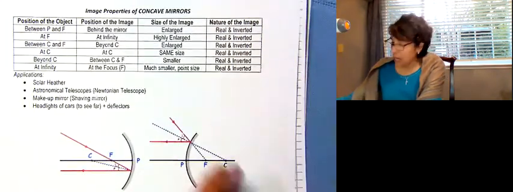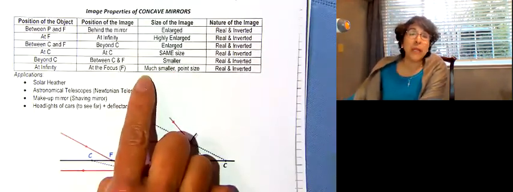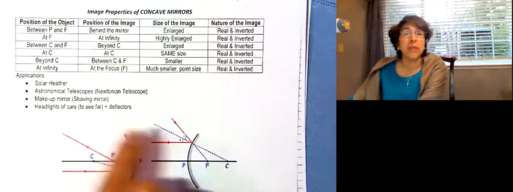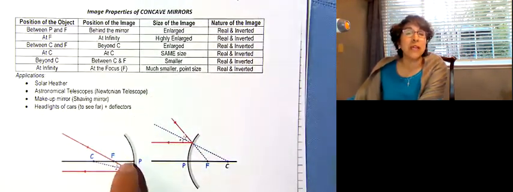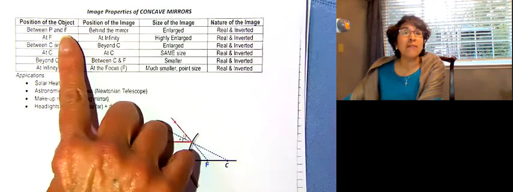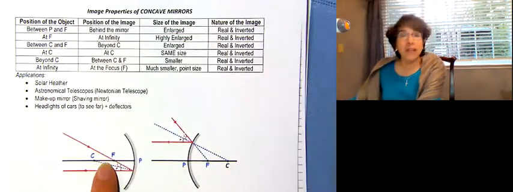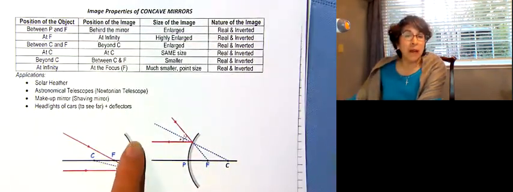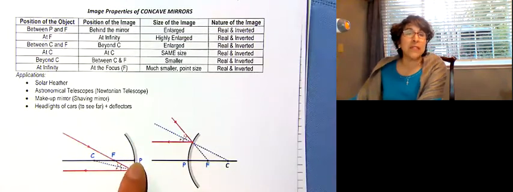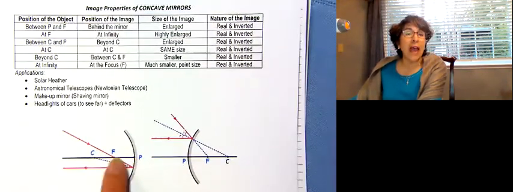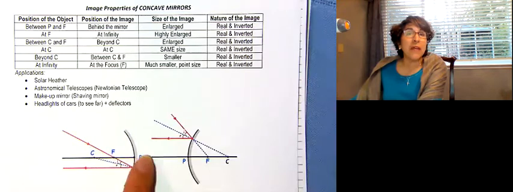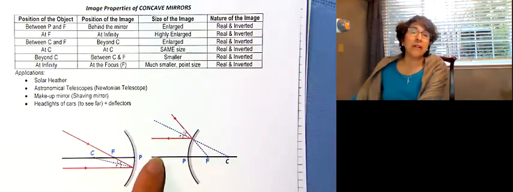So taking a look at concave mirrors, and I do hope you play with that link that I'm going to give you where you can play around and move the object and see where the image is. If you have your object between your, we can call this P, the point of the center of your lens, and the focal point, then the image is going to be behind the mirror on the other side, meaning Q would be negative.